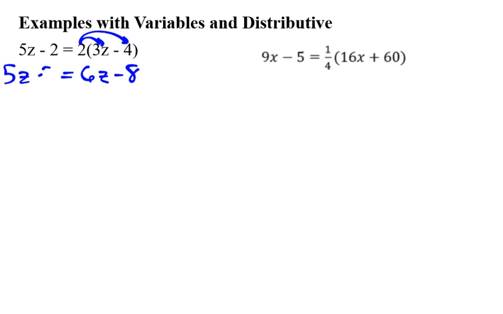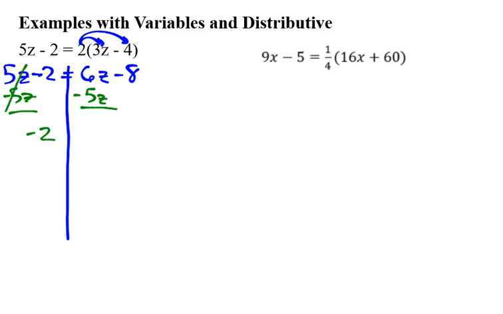The 5z minus 2 stays there. Now we get everything to the same side. I'm going to subtract 5z. We have negative 2 equals 1z minus 8. Add 8 to both sides. 1z is equal to 6. Done.